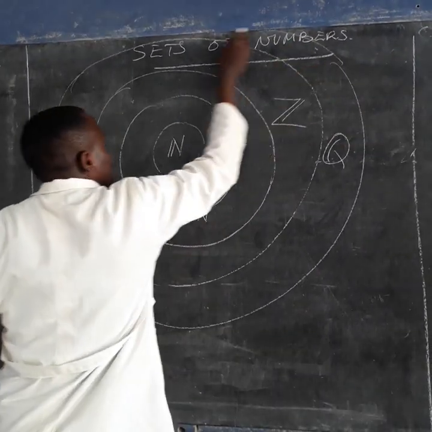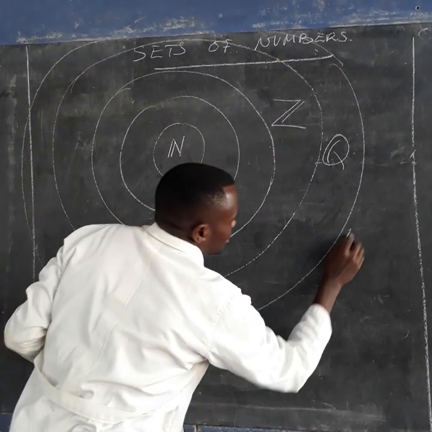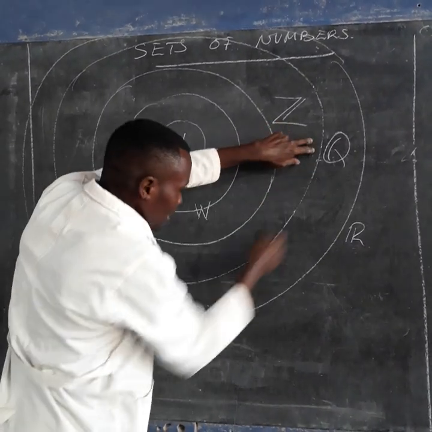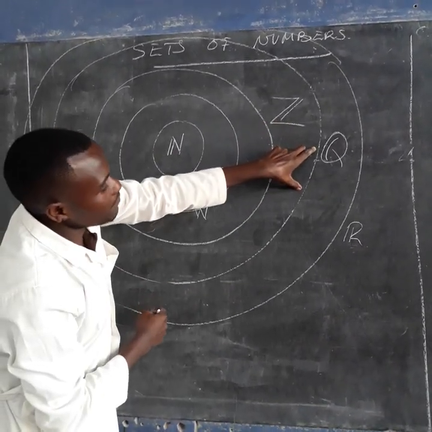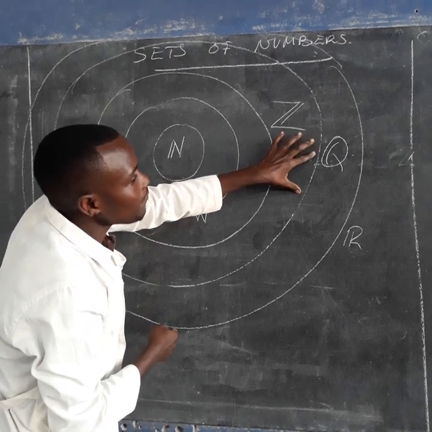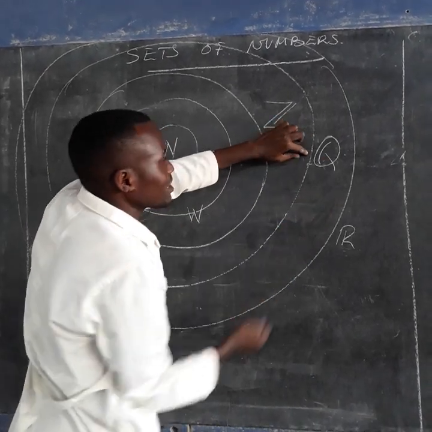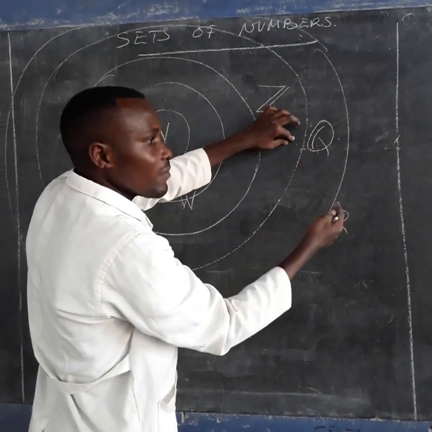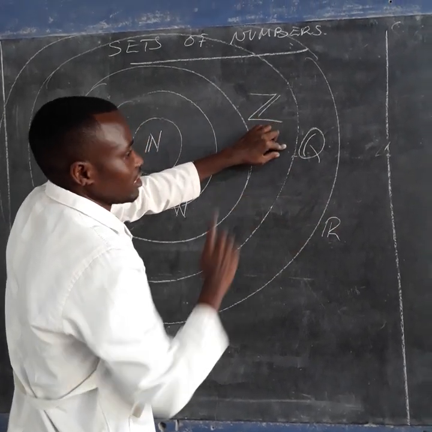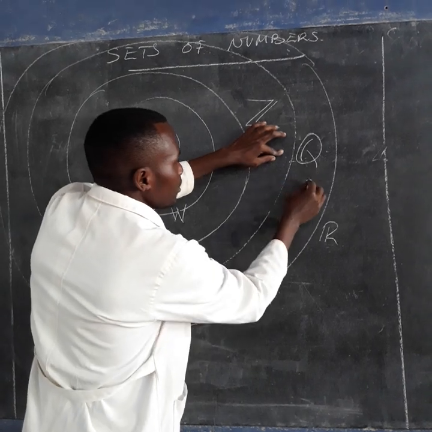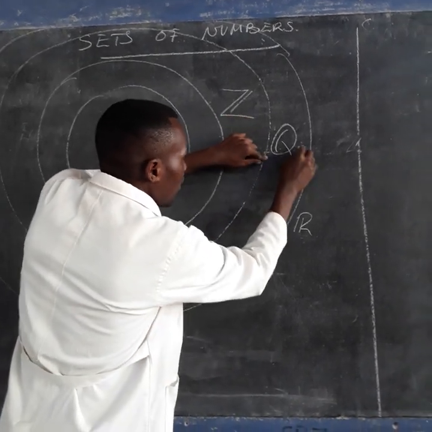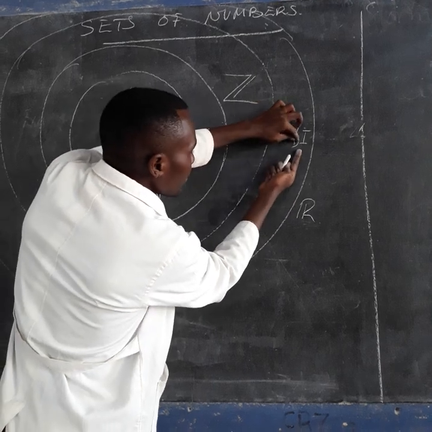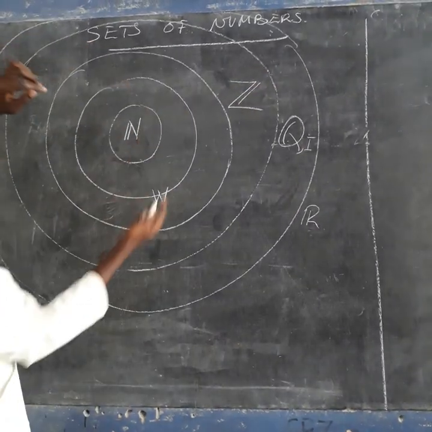The last set is the set of real numbers. If this is the set of rational numbers, the set of irrational numbers cannot come inside it, because the two sets, rational and irrational, do not have an intersection. Rational numbers and irrational numbers together give real numbers.